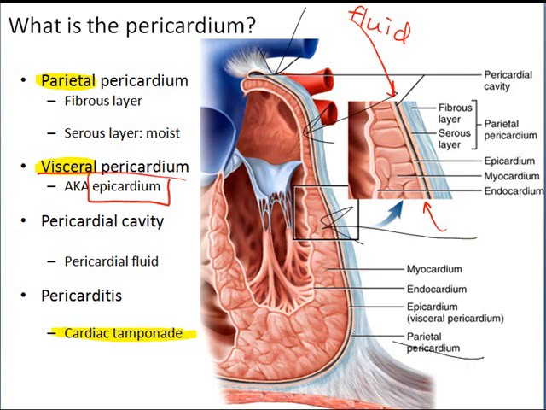Can't push out because the ribs are there and the lungs are there, preventing expansion. So the only thing we can do is push inward and put excessive pressure on the heart tissue itself. And this means that the ventricles, or the chambers inside the heart, cannot fill sufficiently with blood, and this impacts the heart's ability overall to circulate blood throughout the body, and it can be life-threatening.